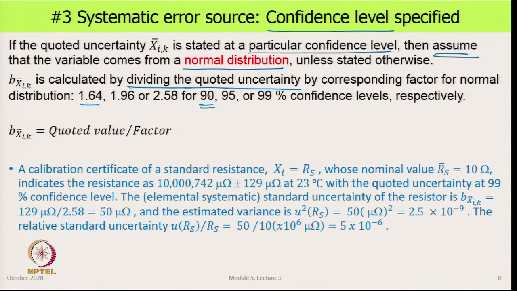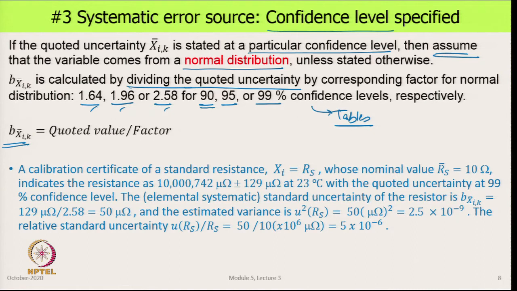Sorry, 1.96 for 95% and 2.58 for 99% confidence level, or if there is any other value, we can look up the standard tables and pick that number from there. So, the elemental standard uncertainty on account of this is the quoted value divided by this factor, or any other one that comes out of this.